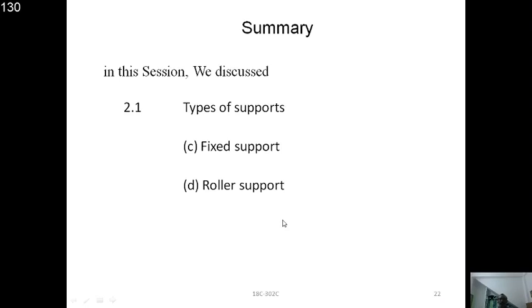Whereas the roller support offers only one directional reaction, perpendicular to the forces or its arrangement, and it allows thermal expansion of the structures. Hence, it is used in bridges as a bearing. Each support has its own advantages and disadvantages, but according to your situation, requirements and economy, you have to choose the type of support to be used.